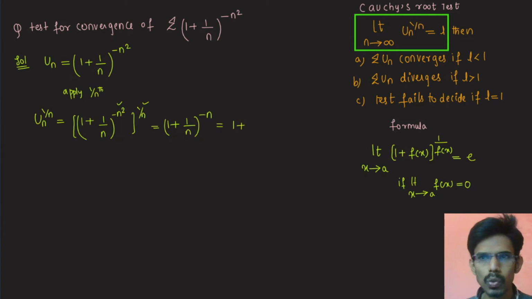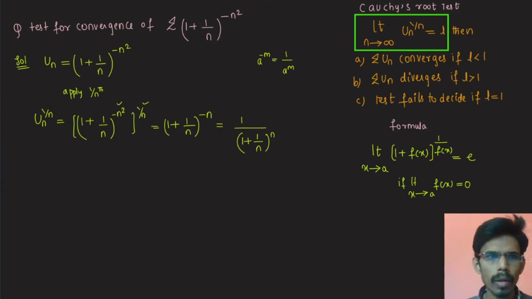So this can be written as 1 by 1. We can take this to the denominator. This will become 1 by 1 plus 1 by n whole power of plus n. Negative power will become positive power if we take it to the denominator, that is a power of minus m will become 1 by a power of m. Now we got this un power 1 by n. Now apply limits on both sides.